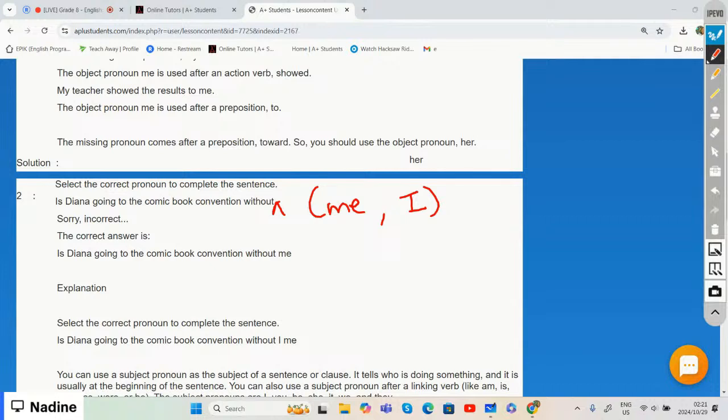And if we were to select the correct option, then we will say, is Diana going to the comic book convention without me? That is an object pronoun.